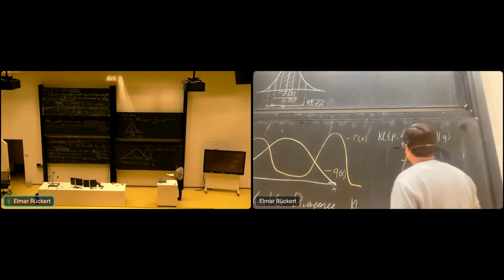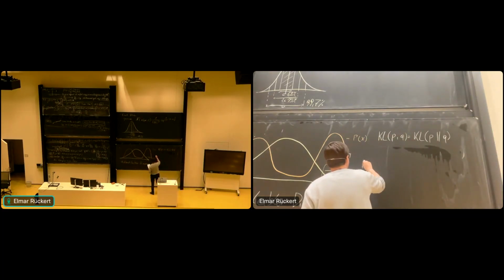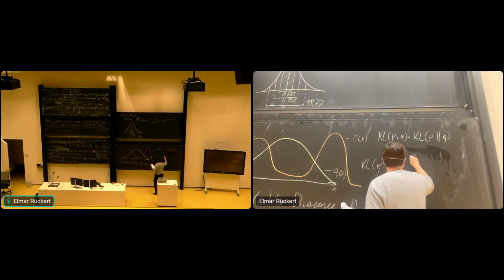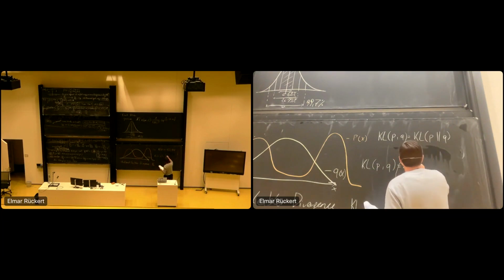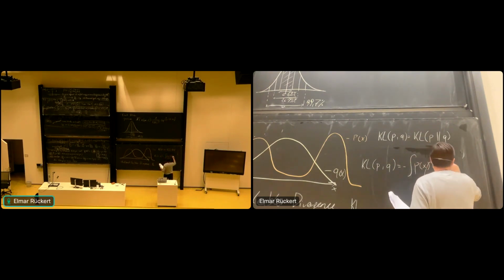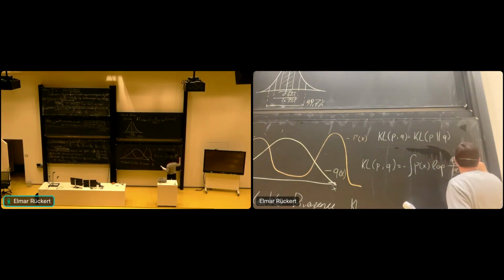And the interesting fact is, if we look at the equation itself, I will do it now for the continuous case. It's minus the integral of P of x times the log of Q of x normalized by P of x dx.